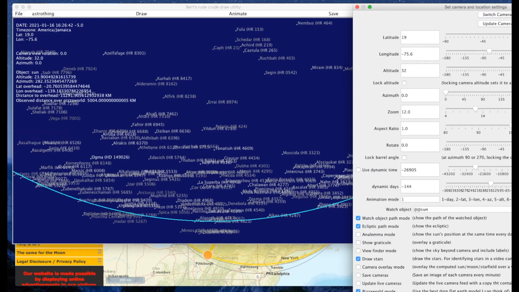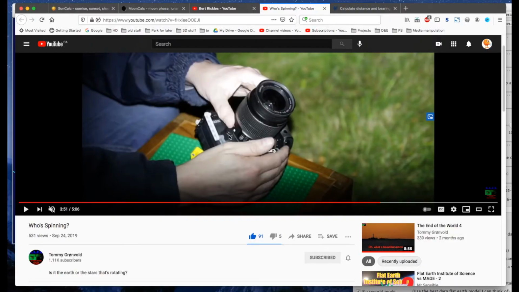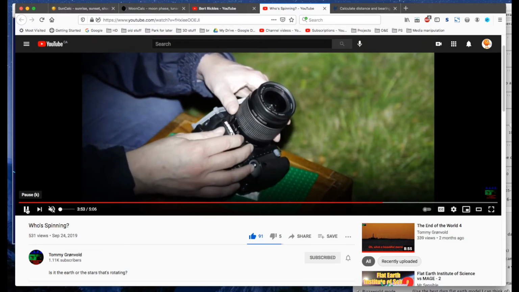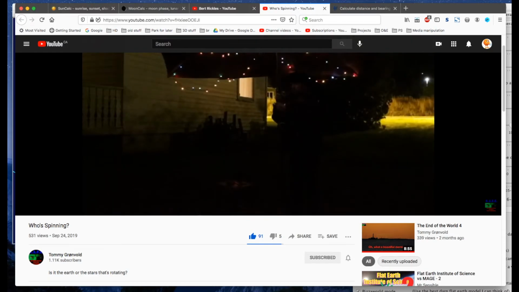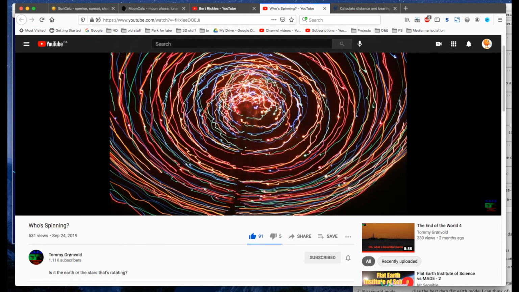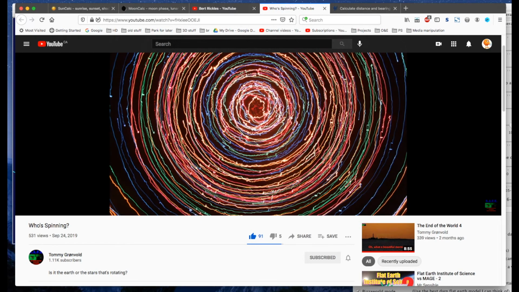And sure enough, Tommy Gronwald made a video where he strung some lights up to a parasol. And he's rotating his camera in one case, or he's rotating the parasol in another case. And he's looking at the star trails. That is where the parasol was rotating, and that is where he was rotating the camera.